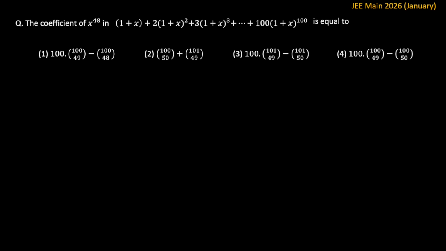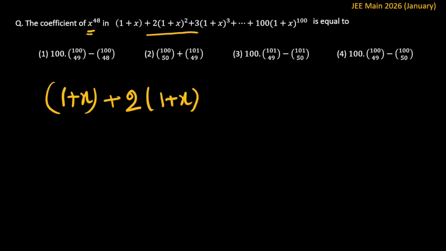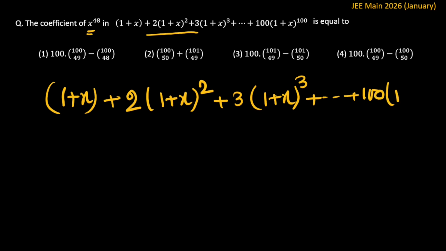Now let us carefully observe the question. The question asks to find the coefficient of x^48 in this expression: (1 + x) + 2(1 + x)^2 + 3(1 + x)^3 up to 100(1 + x)^100.